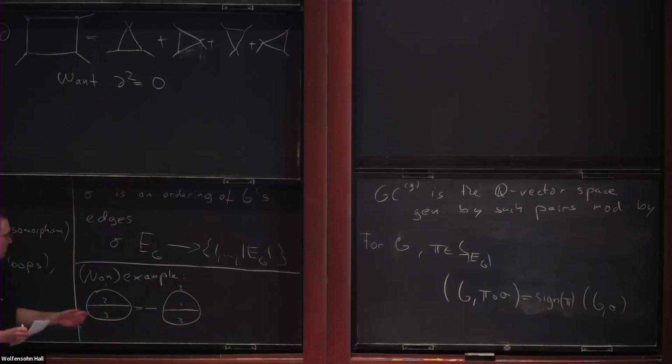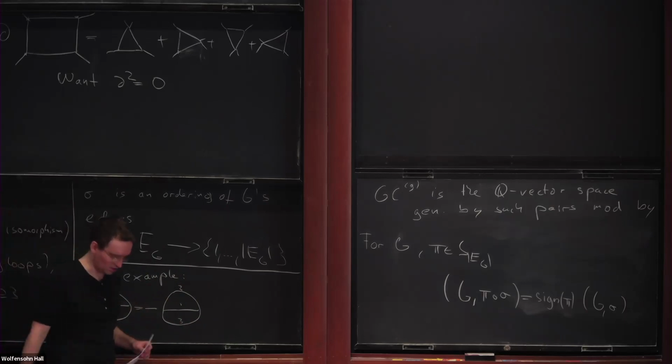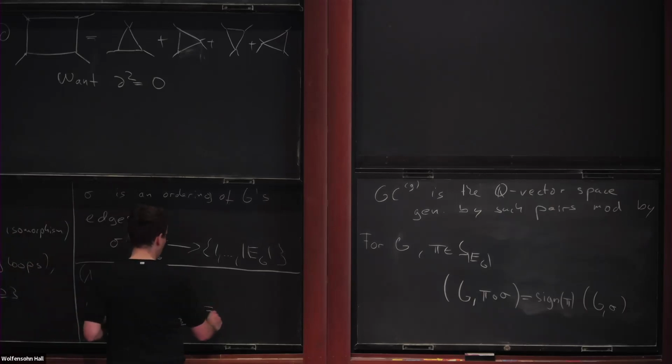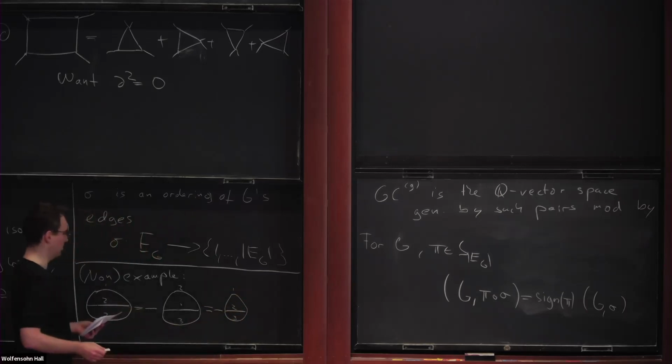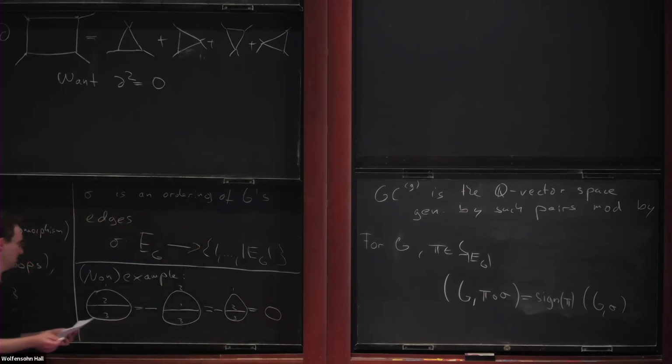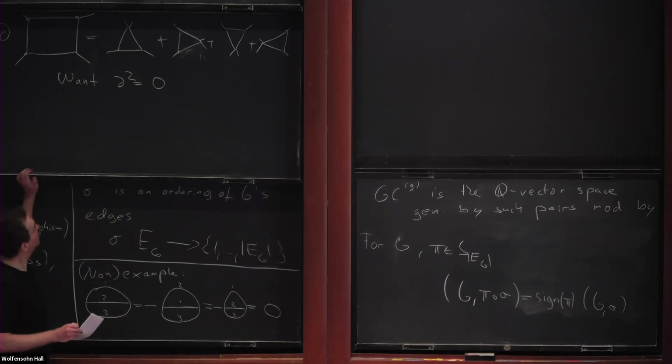And of course, this graph is now isomorphic to the first graph. So we did nothing to the generator, we just picked up a sign. So this means that this is equal to minus the thing that we started with, which is labeled in the trivial way. And this means that the generator is 0. So this is not a good graph.